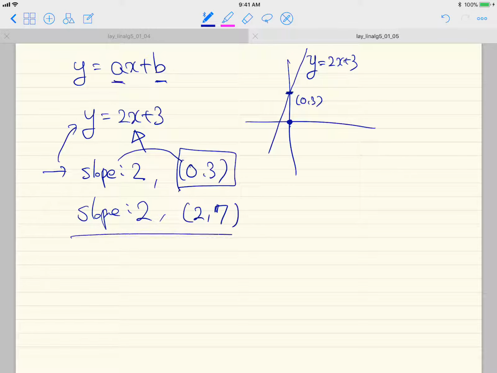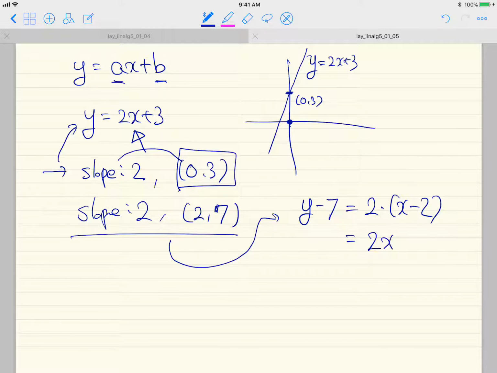So in this case, how do we form the line? So we have y minus 7 equals 2 times x minus 2, right? So in this case, 2x minus 4 plus 7, and thus 2x plus 3, right?